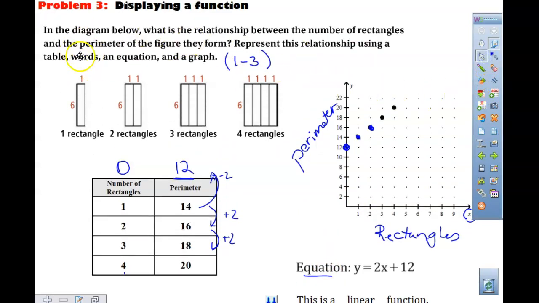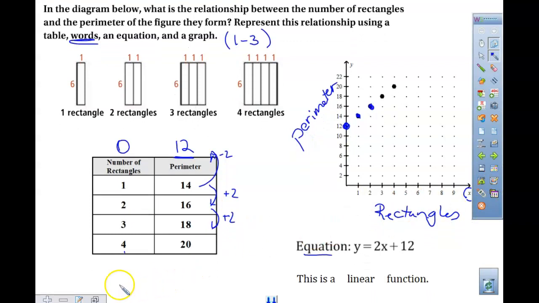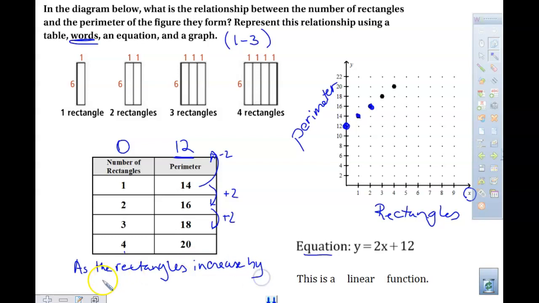So if I am writing this out in words, I just want you to be aware that you might have a harder time reading my writing, but when we were going to say our pattern, we might say something like, as the rectangles increase by 1, the perimeter increases by 2, and we started at 0, 12. No rectangle, imaginary 12 perimeter.